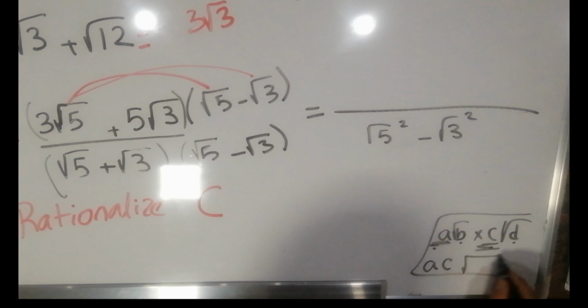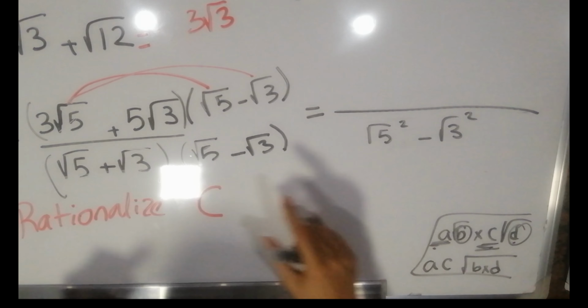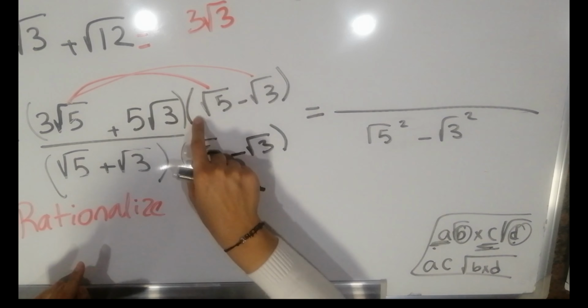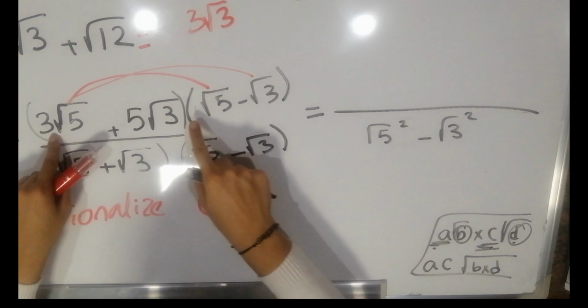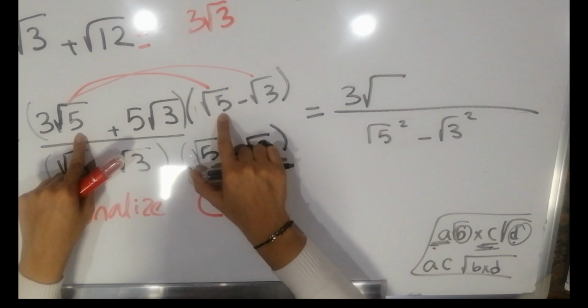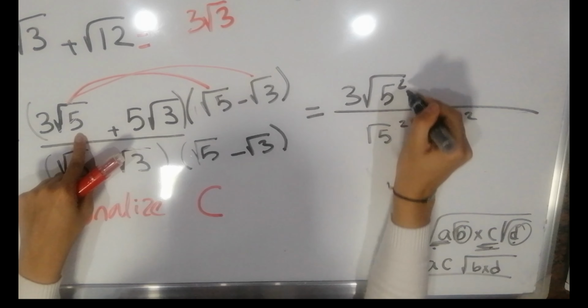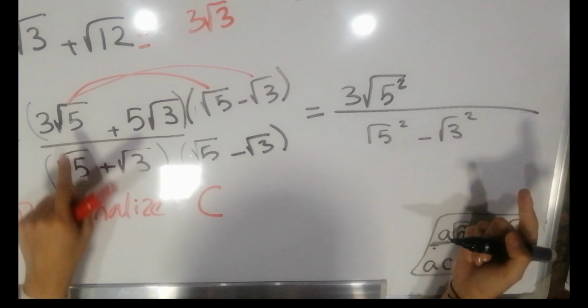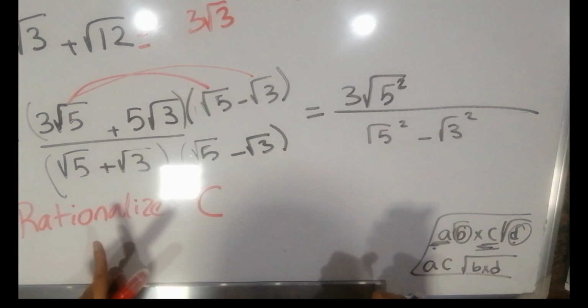Here, if I have no number, then I have 1. So 3 times 1 is 3. And under the radical, I have radical 5 times radical 5, which is radical 5 squared. I write it radical 5 squared and not 25 in order to cancel the power 2 with the radical.